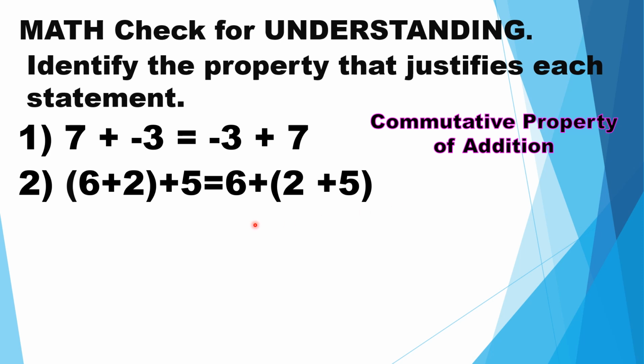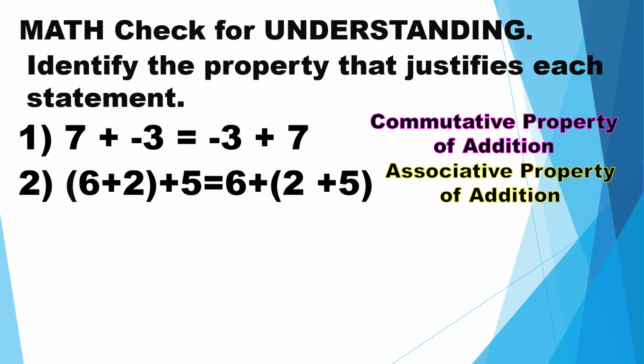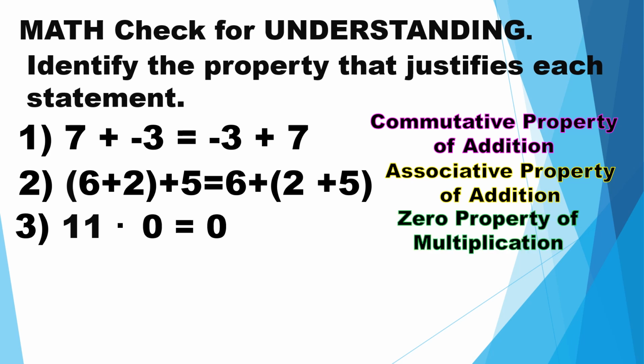The quantity of 6 plus 2 plus 5 is equal to 6 plus the quantity of 2 plus 5. That is associative property of addition. Number 3, 11 times 0 is equal to 0. That is zero property of multiplication.